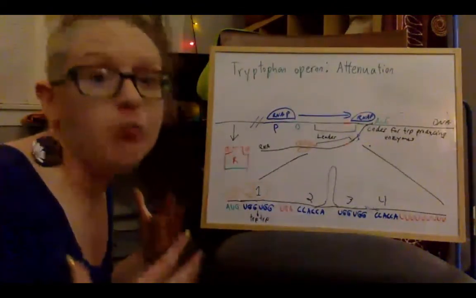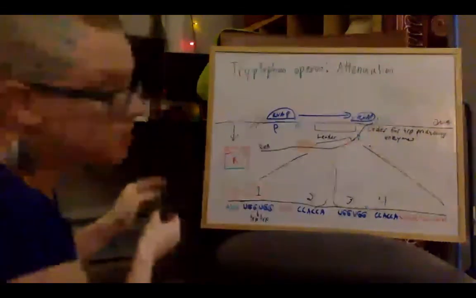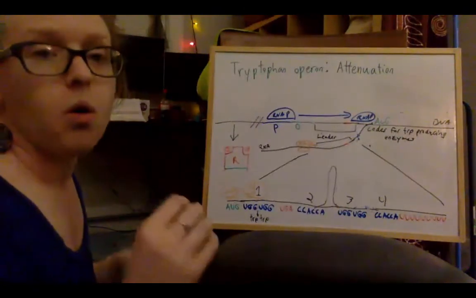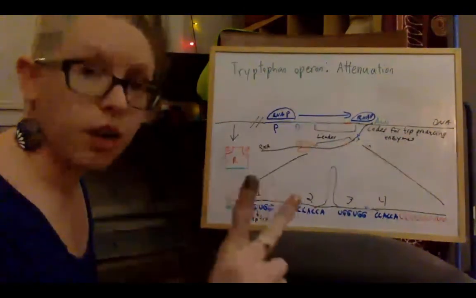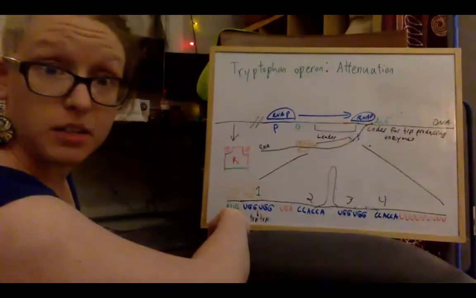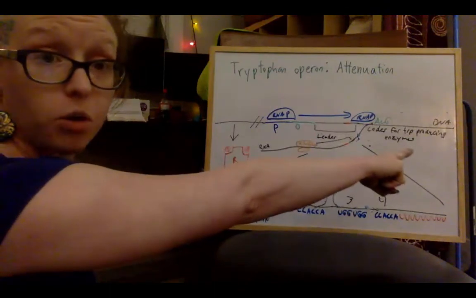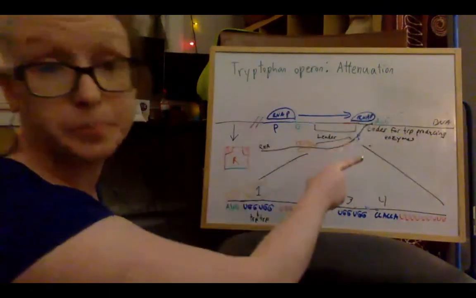With enough tryptophan, this is going to produce a single little fragment, but it's not going to transcribe the whole gene process. With almost no tryptophan, it's going to produce 2 gene products. This trash piece and all of these genes that will result in proteins that are enzymes necessary for making more tryptophan.